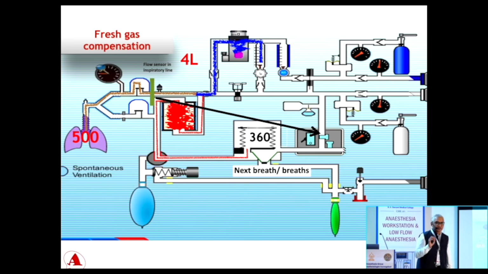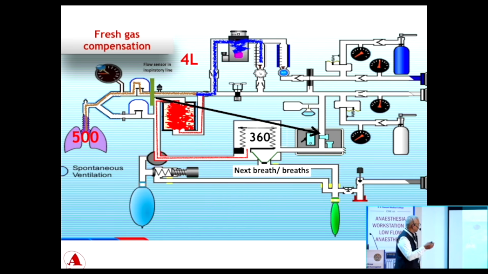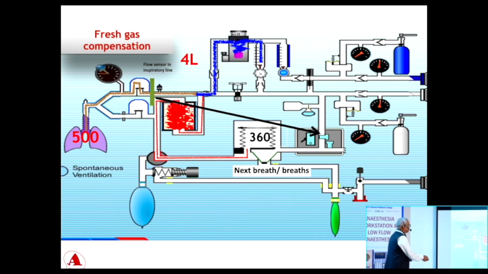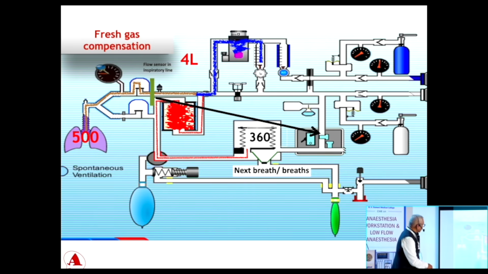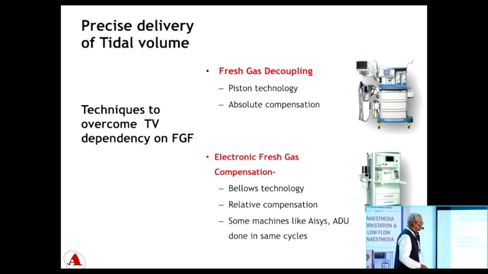This is a fresh gas compensation technology which is delivered with the help of the inspiratory flow sensor. The only problem is that it is happening in the next breath. So we get some amount of higher flow in one particular breath, and then gradually the machine will start reducing the squeezing.